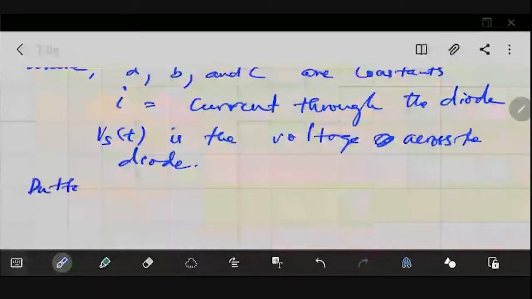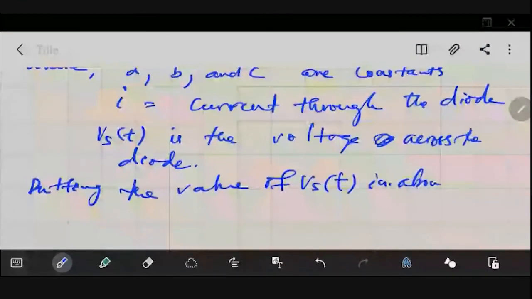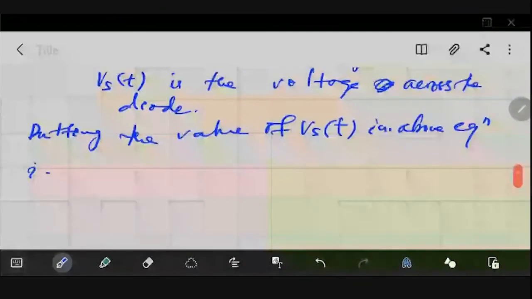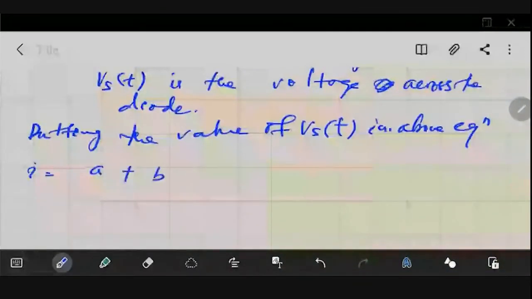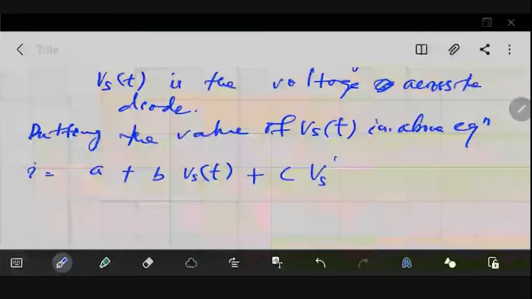Putting the value of Vs of t in the above equation, we get I is equal to A plus B Vs of t plus C Vs square of t.